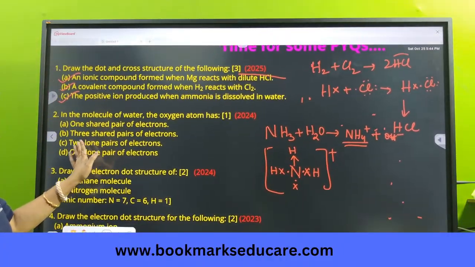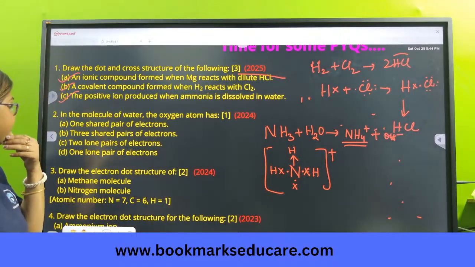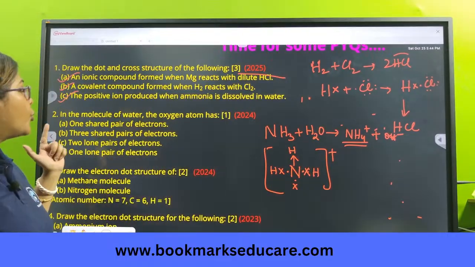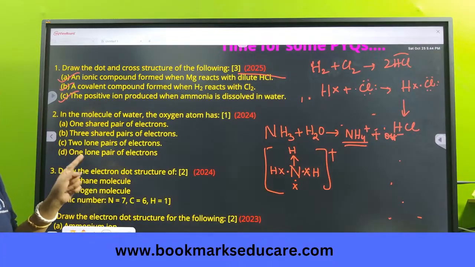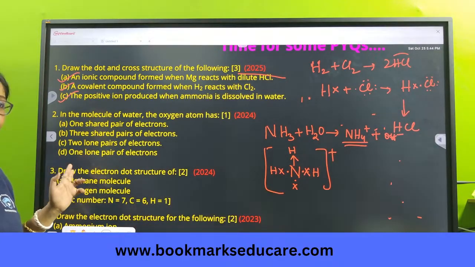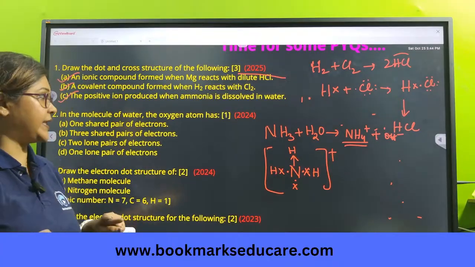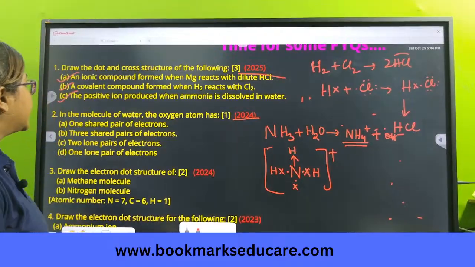Next question is a short, MCQ type question. In the molecule of water, the oxygen has 1 shared pair of electrons, 3 shared pairs of electrons, 2 lone pairs of electrons, or 1 lone pair of electrons. This has come in the year 2024. What is the answer?